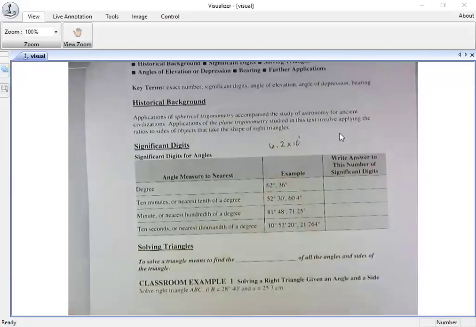Because scientific notation simply means that we write it so that there's only one digit to the left of the decimal, and then we keep every other digit that we encounter, unless there are zeros at the end, and we don't keep extra zeros at the end.